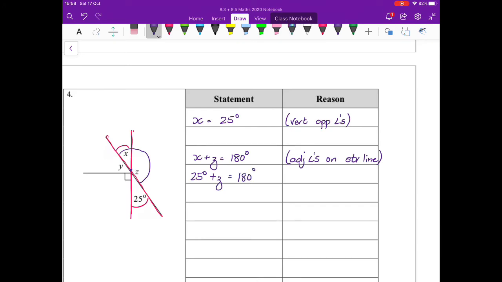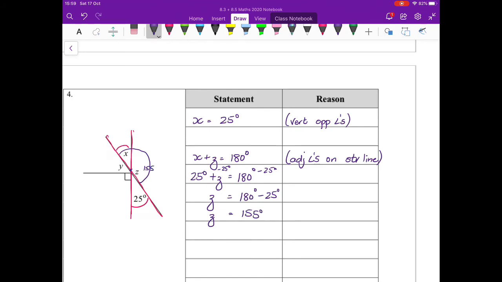I want z on its own, so I'm going to minus 25 degrees this side, minus 25 degrees that side. So z equals 180 degrees minus 25 degrees, and that will give you a total of 155 degrees. So z equals 155 degrees.